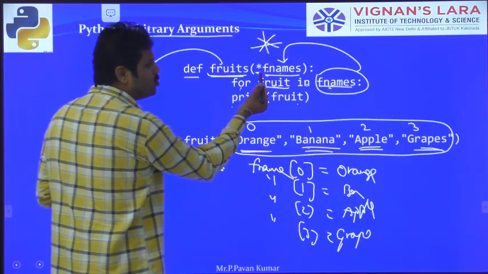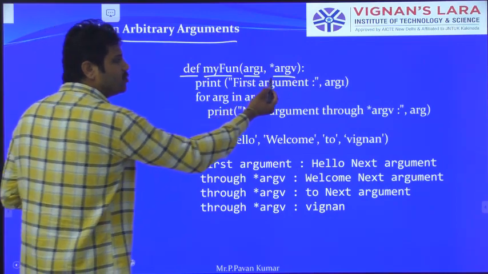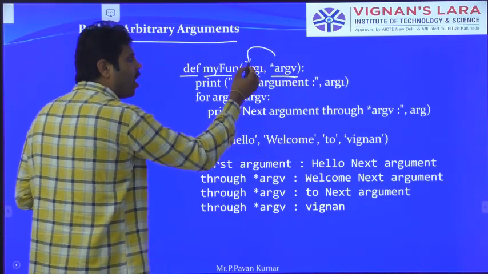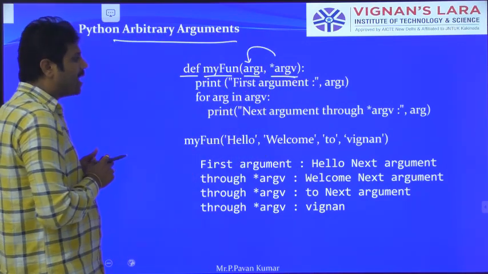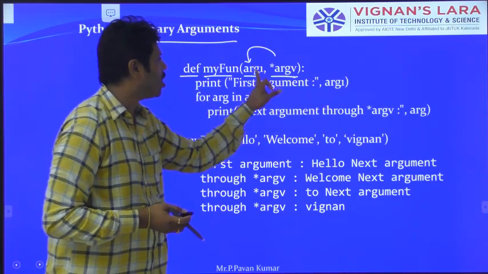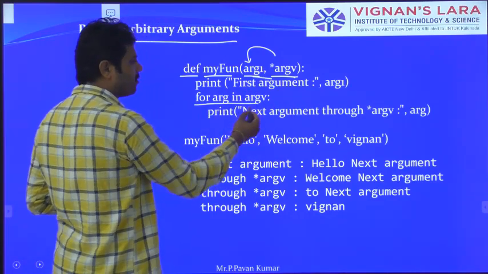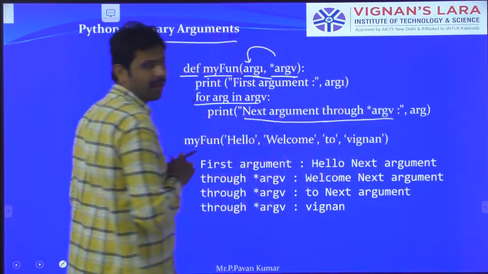So here I use a single arbitrary argument along with a normal argument. In this case, print first argument equals arg1. It prints arg1, and for argument in argb it prints the next arguments like this.